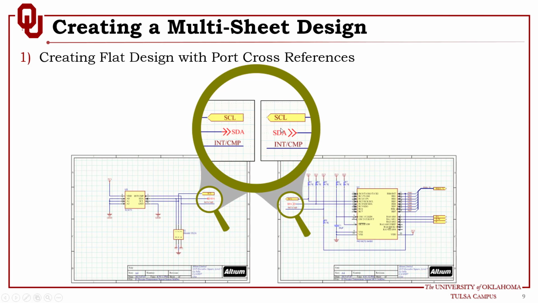Now, what is the difference between ports and off-sheet connector? Ports have more options, including the port cross-reference, where you can add a number on the port to refer to the connection with the other sheet. It will tell you the sheet number where this port is connecting.